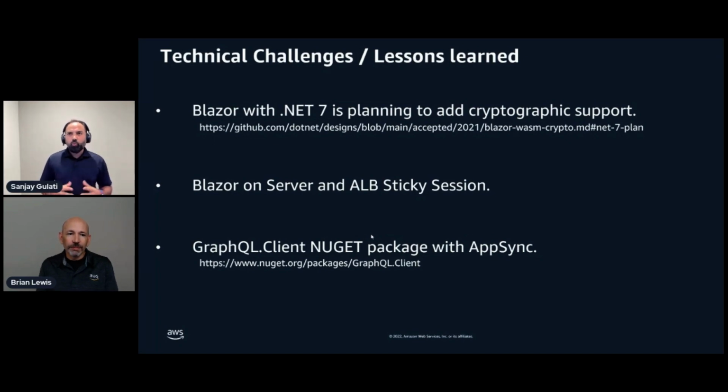So essentially, if you want to use GraphQL hosted by AppSync, you will have to look at third-party packages, and GraphQL.Client is one of the readily used NuGet packages, and we do have sample code. If you're interested to see how you can use AppSync, we can show you that. But essentially, what I'm trying to say is, if you want to use AppSync, you can use this NuGet package to be able to send GraphQL requests to talk to AppSync.